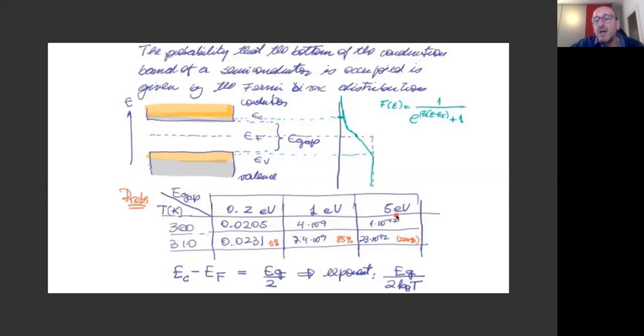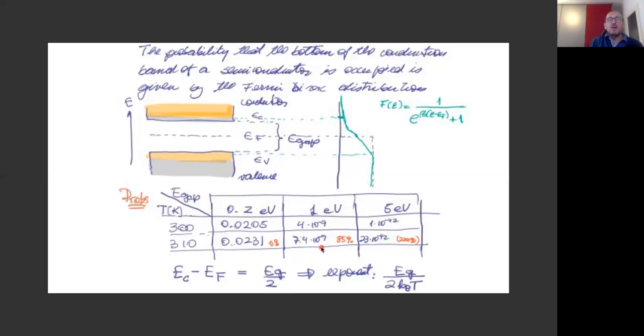If you go to 5, it is 10 to the minus 42, meaning there's no probability of finding an electron on top there. This is manageable, because it really depends on the number of electrons that you have down here. If the number of electrons is 10 to the 18th or 10 to the 20th, which is near Avogadro's number.